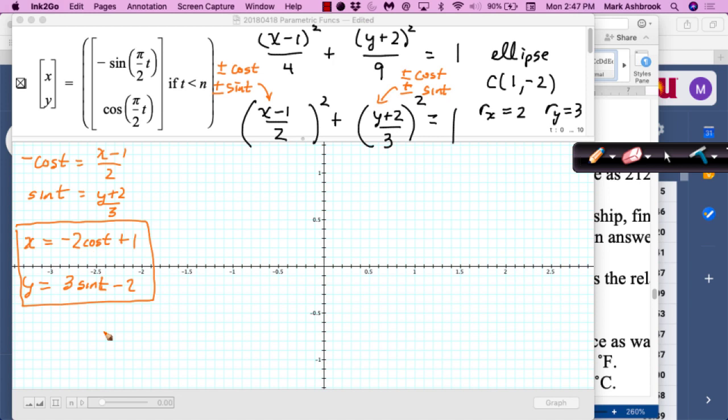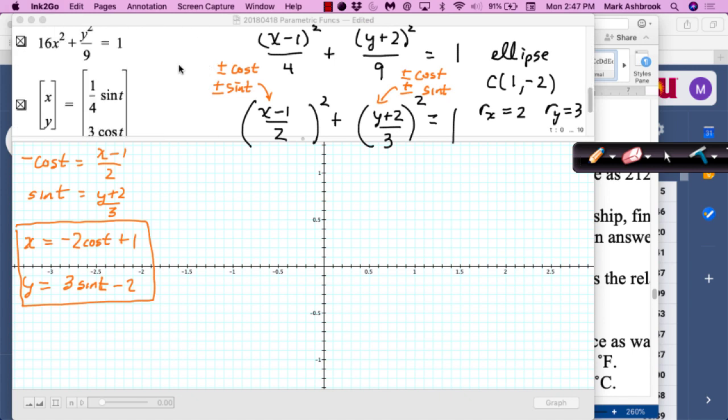So where will this start? Will it start at the top, left, right, or bottom? If I plug in t equals 0, I could figure out where it starts, and then figure out where it goes from there. We're a little short on time, so I'm just going to show it to you here.